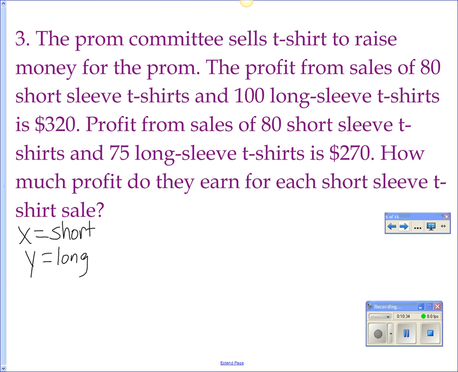So X is short and Y is long. Make sure you write that step, please, what X and Y is. All right, Shakira, what do you think my first equation is going to be? Very good. Excellent. Brandon, what's my second equation?